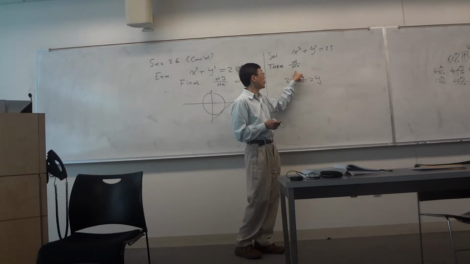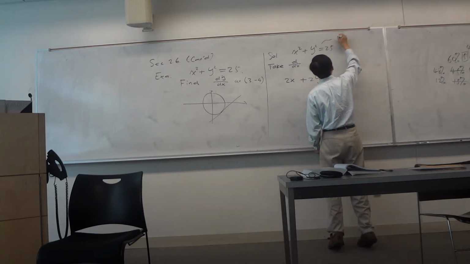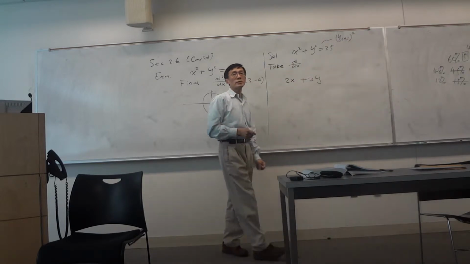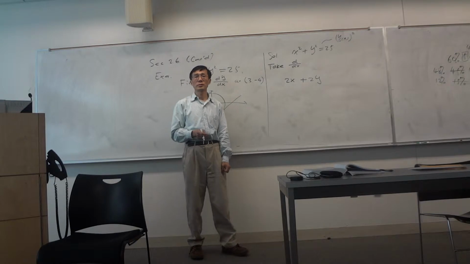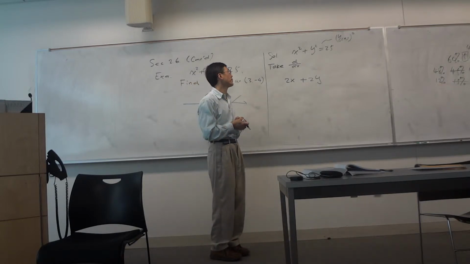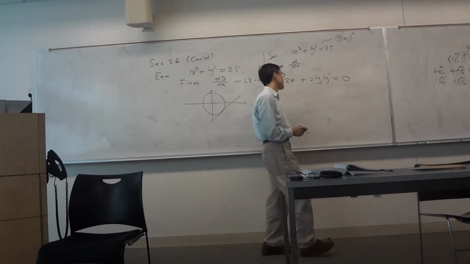Therefore, y is really y(x). So this y squared is really just y(x) squared. And you apply the generalized power rule, which will give you 2y times y prime. Okay? So don't forget the y prime here. And the right-hand side is equal to 0.